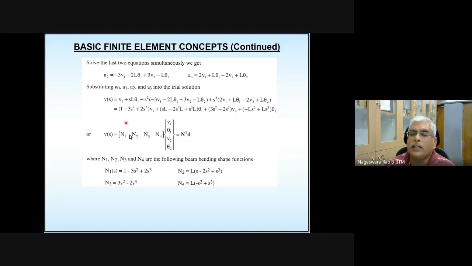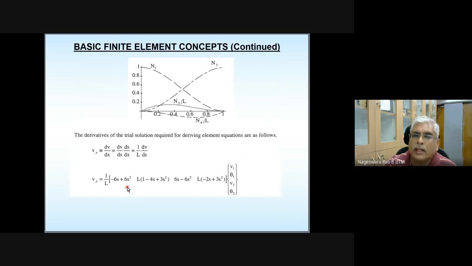In between, it has cubic variation. N3 is going to be 0 at node 1 and 1 at node 2, and in between it also has cubic variation. If you plot, this is how it looks.